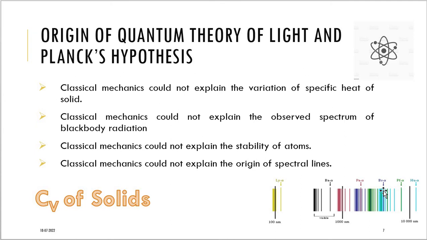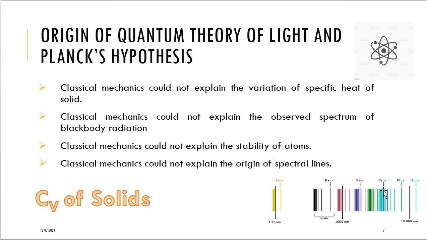There are certain drawbacks in classical mechanics. Classical mechanics does not explain the variation of the specific heat of solids, which was later explained by quantum mechanics. Classical mechanics could not explain the observed spectrum of black body radiation, which was done by Planck himself.